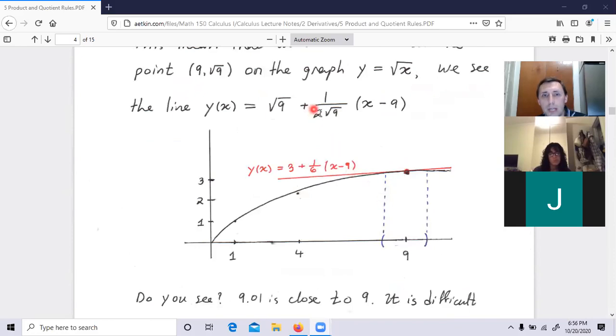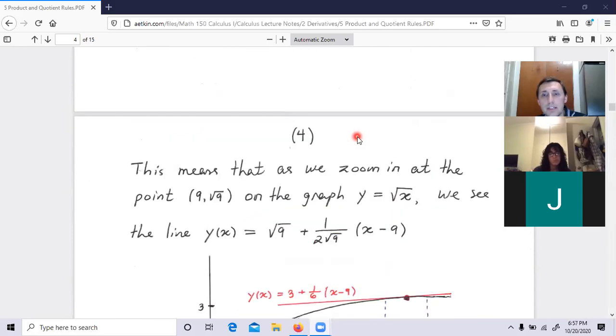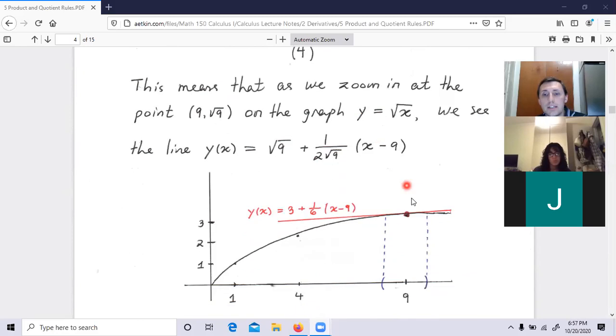We could have zoomed at 9.01. It's just that if we zoomed at 9.01, we cannot calculate the slope exactly, because then in the denominator we will have root of 9.01. We don't gain any advantage from that procedure, because the slope itself will already contain the solution to root of 9.01.